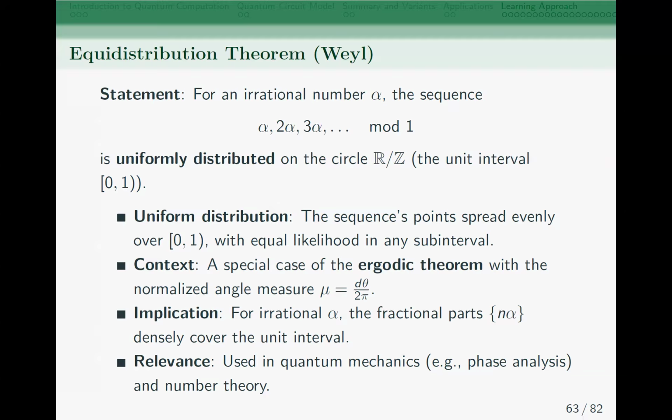If you plot on a circle, then you'll get this point, this point, this point. If this number is irrational, then there's no period. If this is rational, p over q, then if n is a multiple of q, you will go back to the origin.